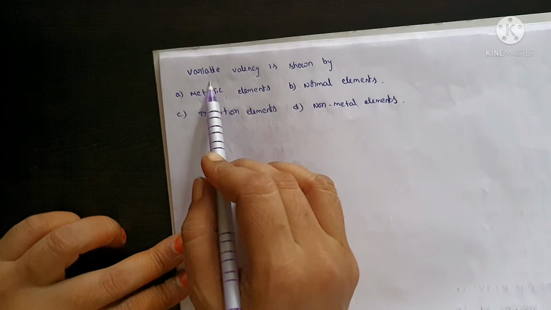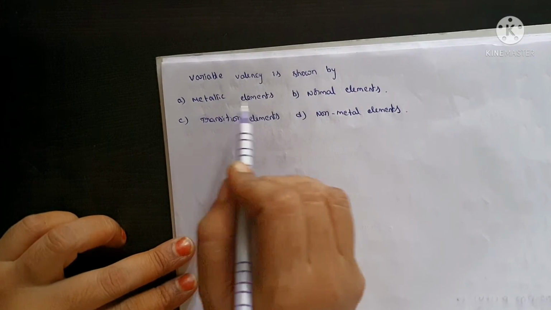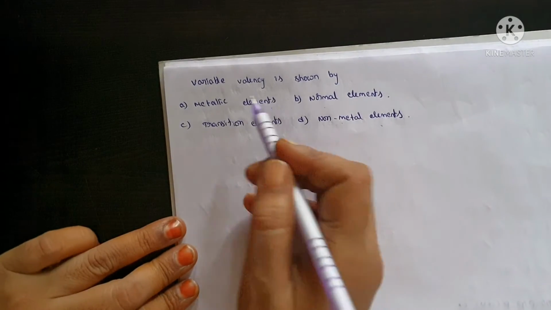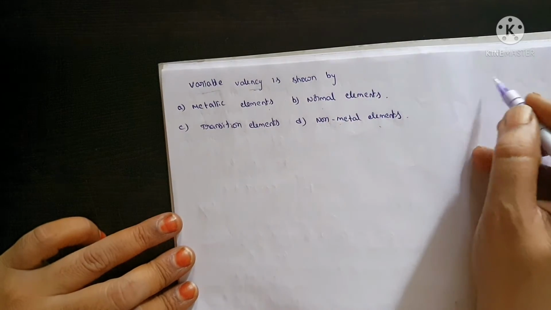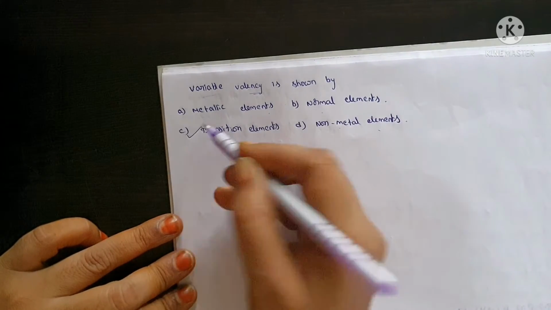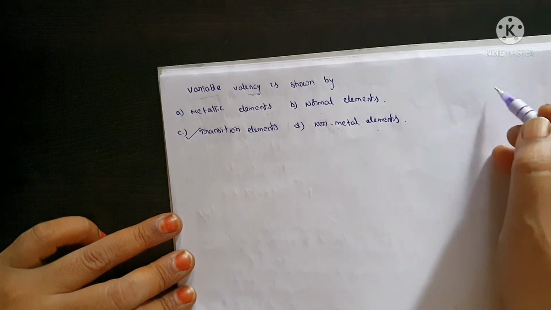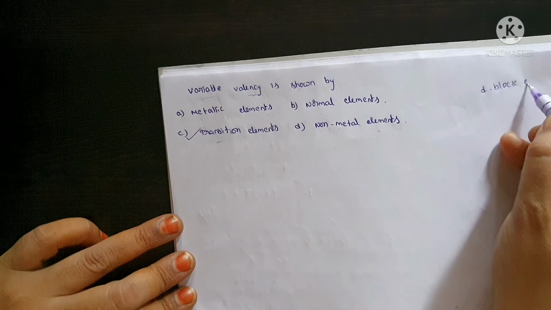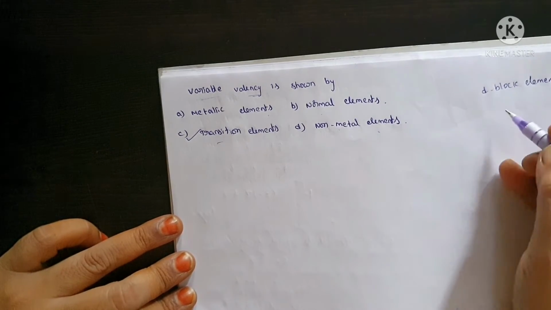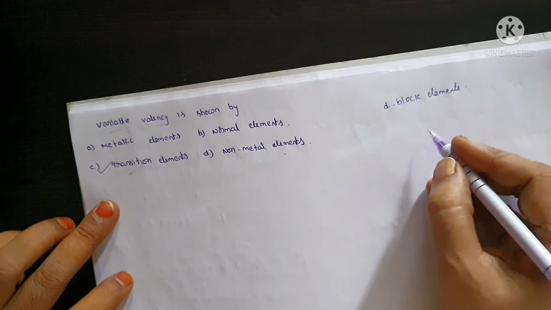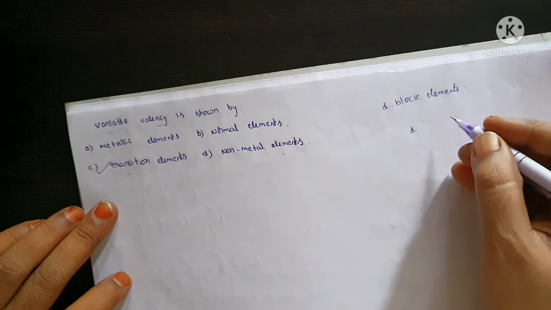And one more question is here. Variable valency is shown by metallic elements, normal elements, transition elements or non-metal elements. Variable means different valencies, which are shown by the transition elements, because transition elements are the d block elements, which have different d orbitals.